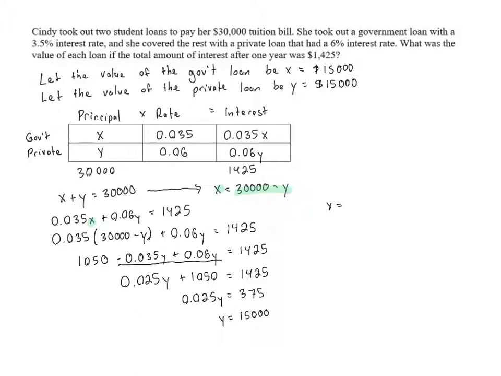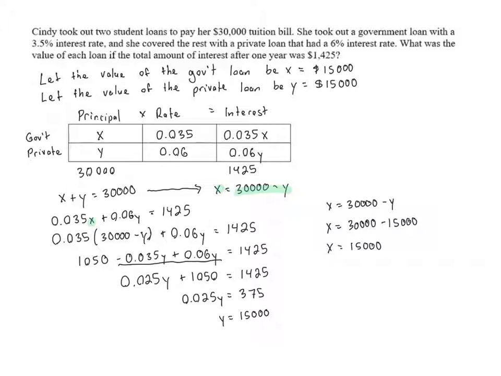We knew that x was 30,000 minus y, and then we figured out that y was 15,000. So we've got 30,000 minus 15,000, and that equals 15,000. So the value of x is also 15,000, and now we're ready to state our conclusion.